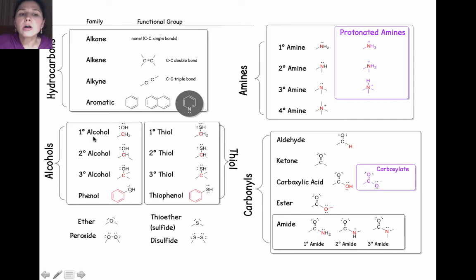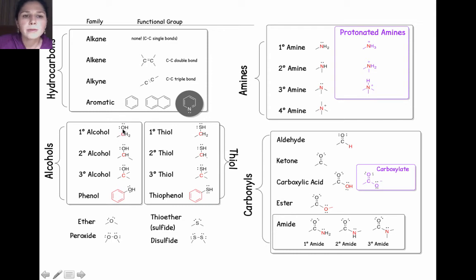And the alcohols are categorized by the carbon that the alcohol part, so the OH group, is attached to, and they're categorized based on how many carbons that carbon is attached to. So I've highlighted that carbon in red. Okay, so this is representing that the carbon here is attached to something else. It's another carbon, and there might be a bigger part of the molecule.